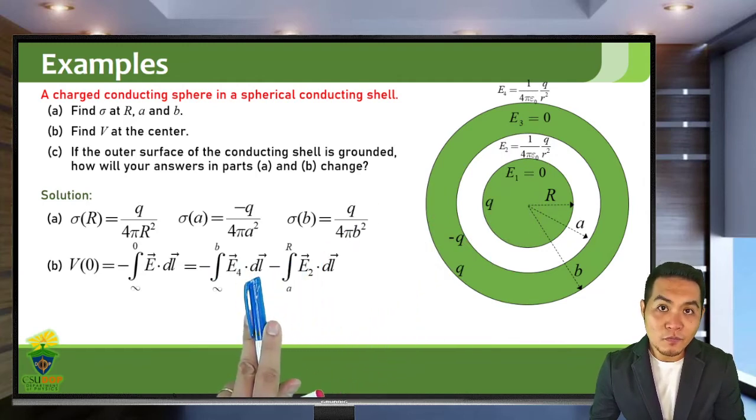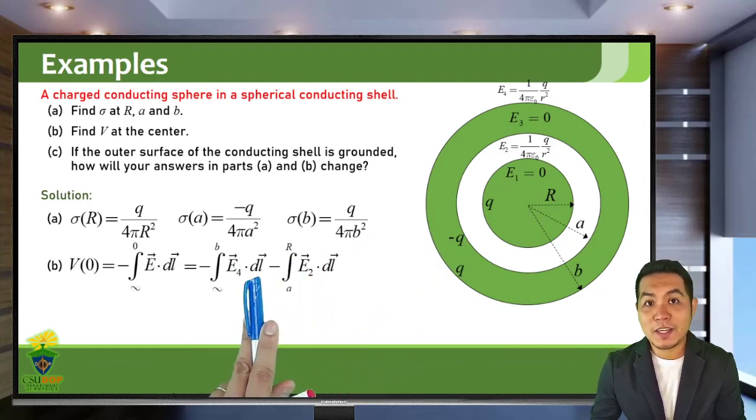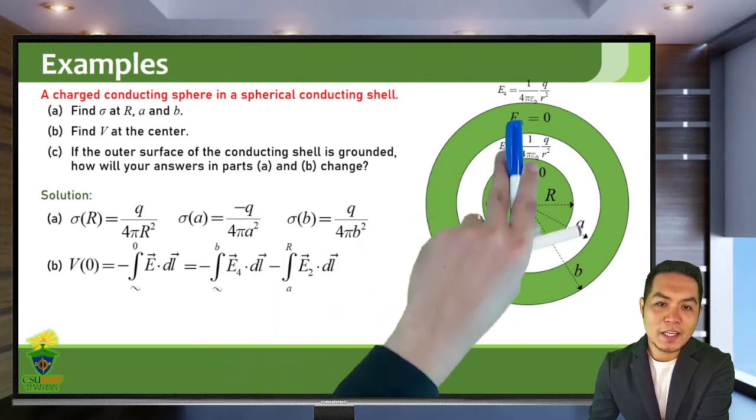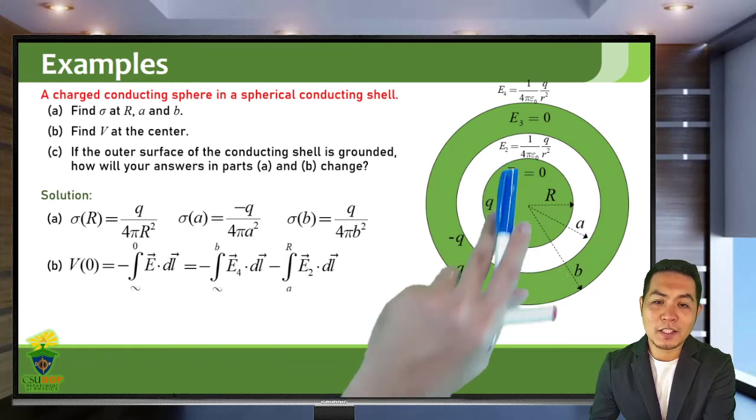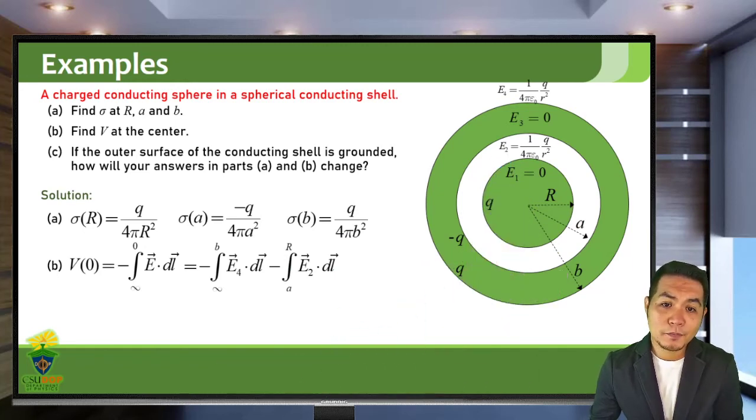Our dl is radial, so it's dr r hat, and the directions of E2 and E4 are both the r hat direction, so r hat dot r hat will just give you 1.